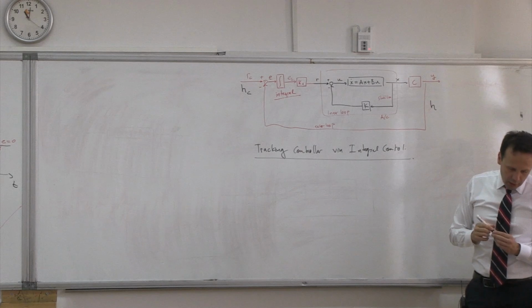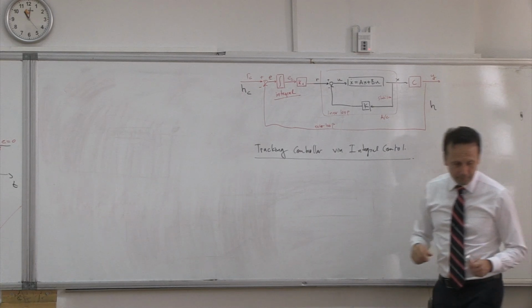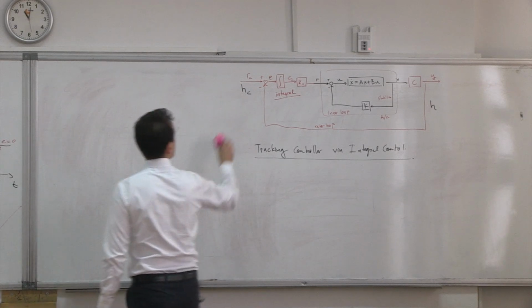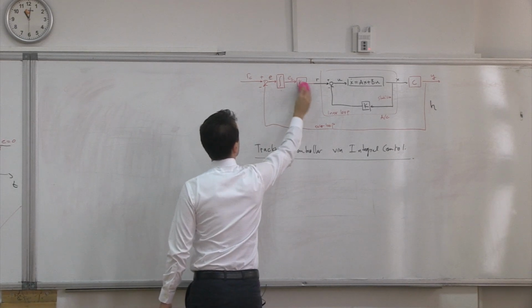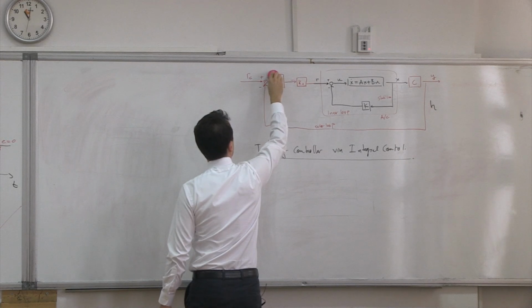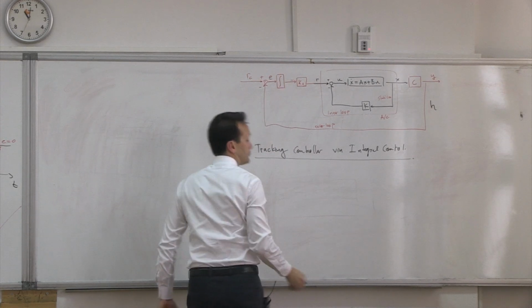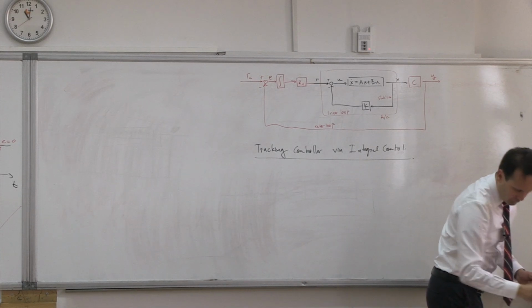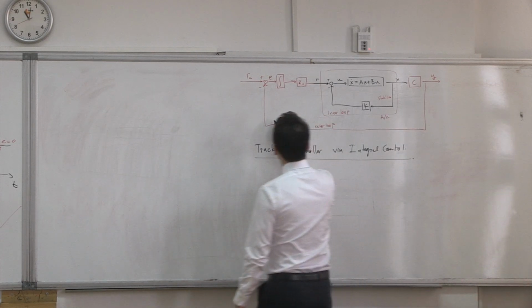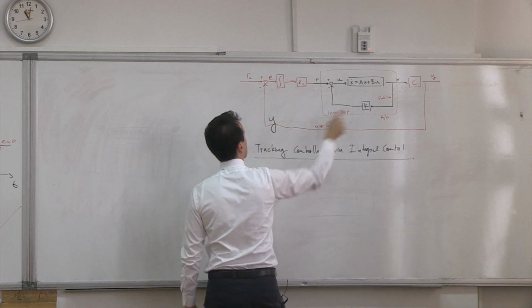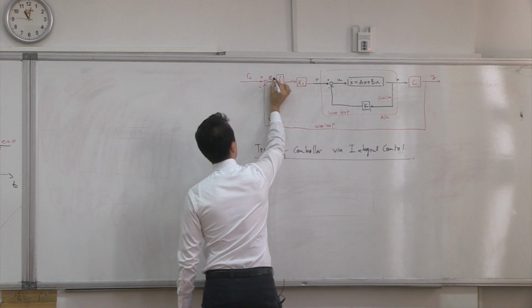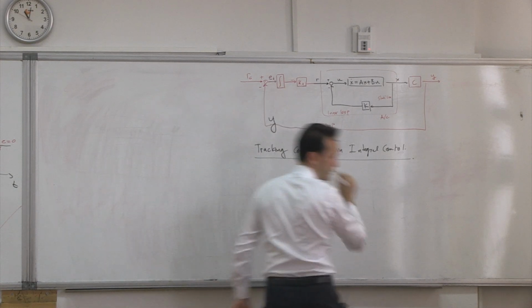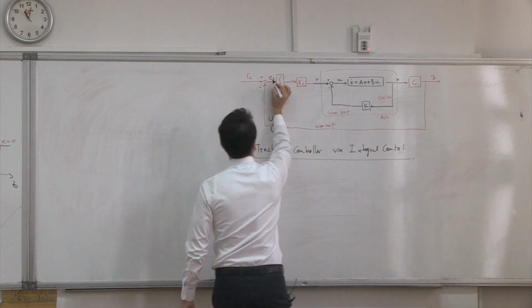So this is the architecture that we have. Let me change some of the nomenclature here. The output here is Y, right? Let's call this EI. Yes, EI.